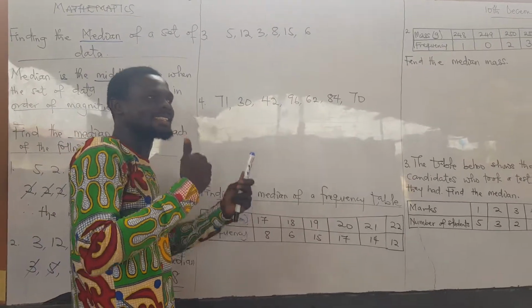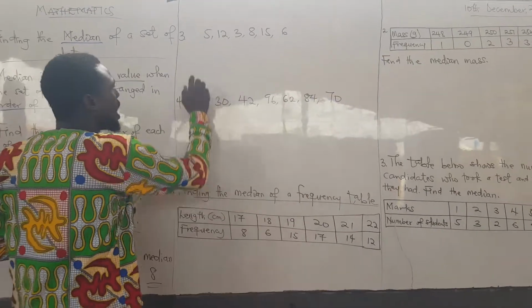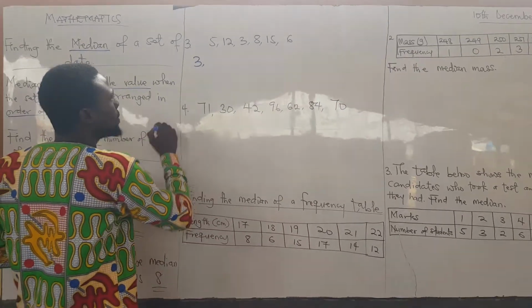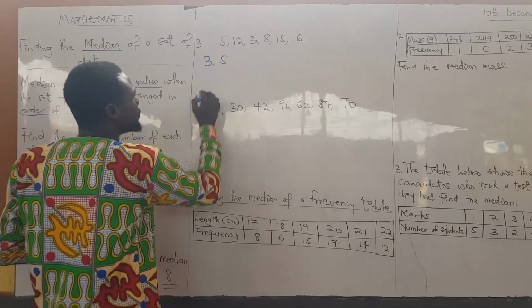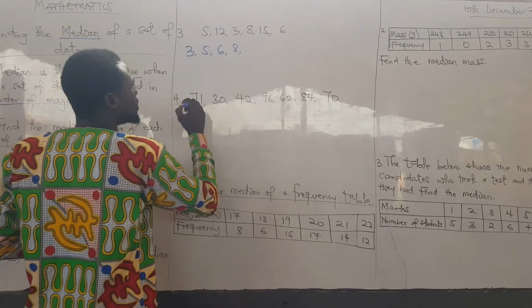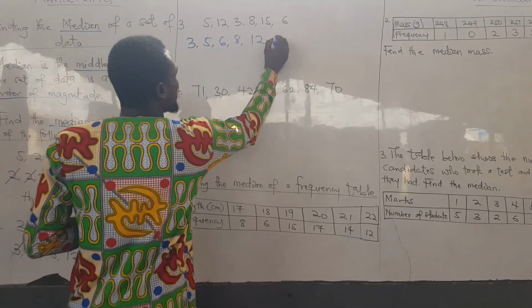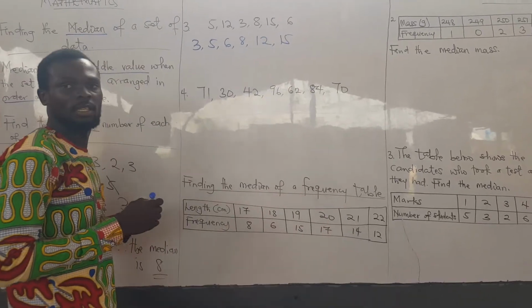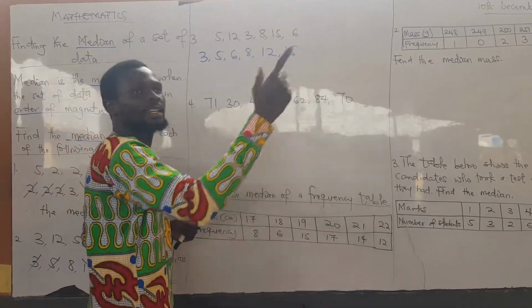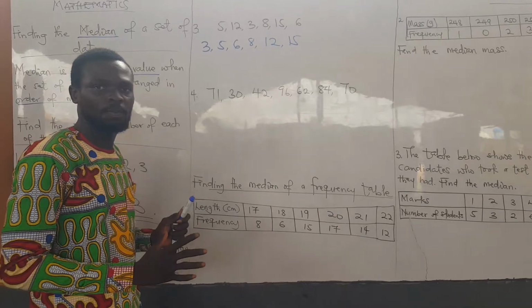That is in ascending order. So arranging this in ascending order, our 3 will come, followed by 5. We have 6, followed by 8. We have 12, and finally 15. That is arranging this in ascending order of magnitude.